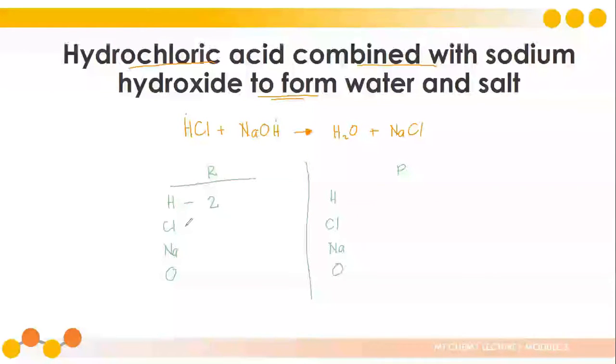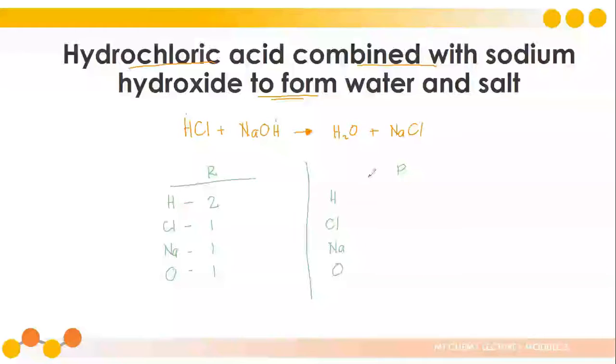Okay, how about chlorine? Looking at both of the compounds in the reactant side, we only have one chlorine. And that's the same for sodium. We also have one sodium and also one oxygen. Okay, let's double check. We have two hydrogen, one chlorine, one sodium, and also one oxygen.